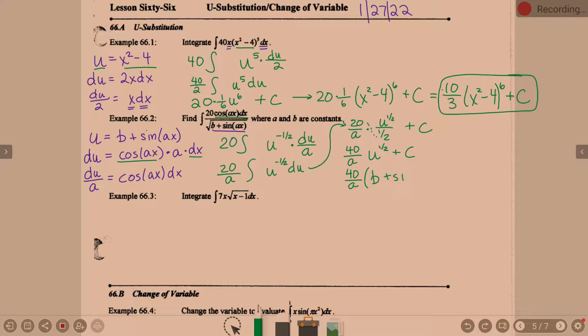B plus sine of ax, raised to the 1/2 plus c. In my notes, I just have it raised to the 1/2. However, did you put it under a square root? It's perfectly fine if you did. I don't care either way. As always, my response is, are you aware of the equivalence, right?